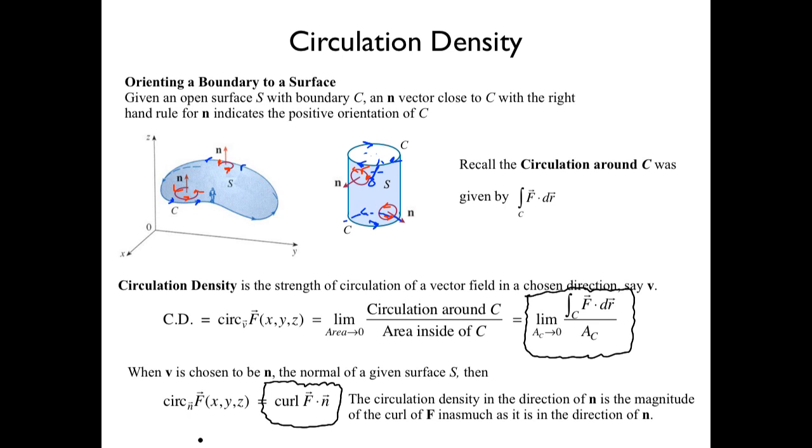Curl is essentially circulation density. Sorry, the magnitude of curl is essentially circulation density, the strength of rotation of the vector field at a point. So if we take the part of that strength, that magnitude, in the direction of N for some surface, then we have circulation density for that surface.